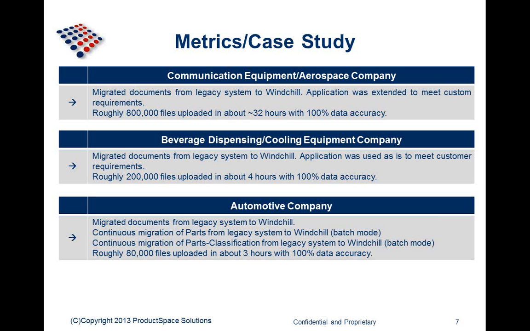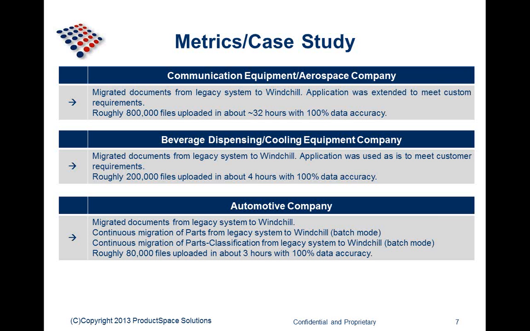I would like to highlight one thing here. If you go by the statistics, 800,000 objects were loaded in about 32 hours. That is about 25,000 documents in 1 hour. However, the performance of the migration depends on several factors, such as system configurations like RAM, CPU, whether the system is monolithic or whether it is a clustered application, etc. It also depends on customer requirements, whether you are trying to migrate a single document type or whether you are trying to perform several complex processing logic in the program before migrating the documents.